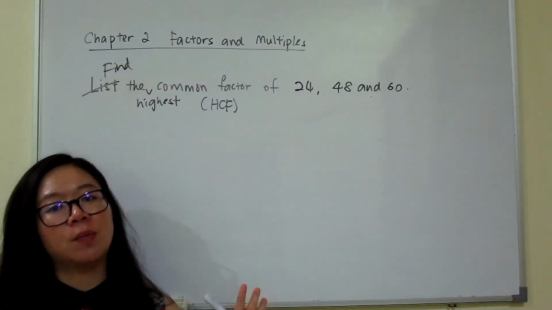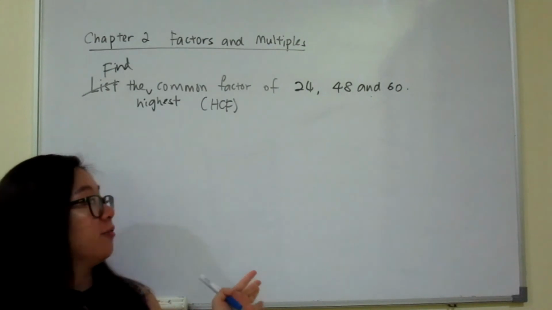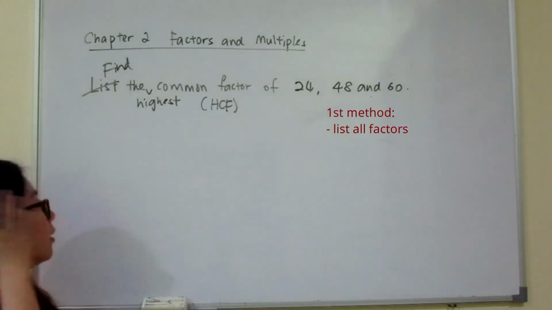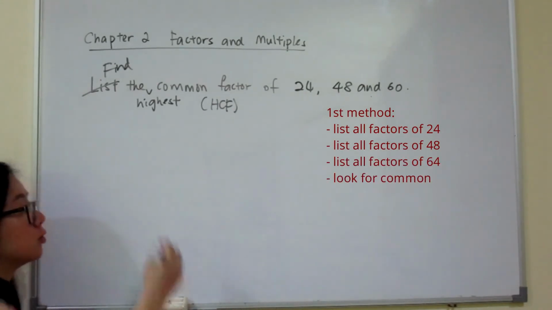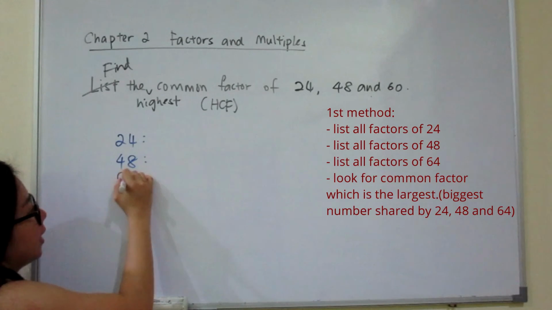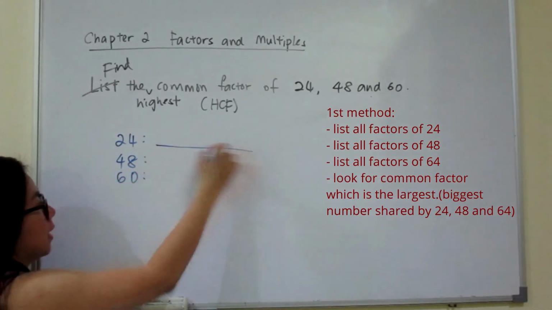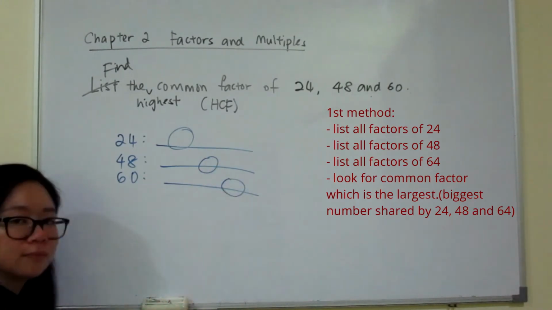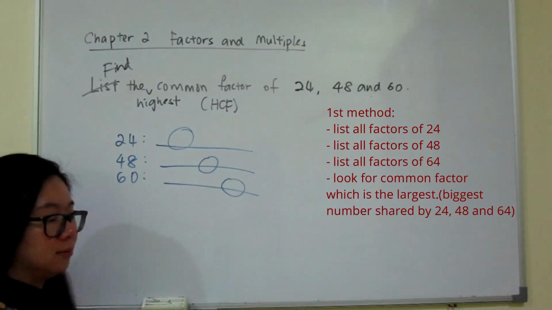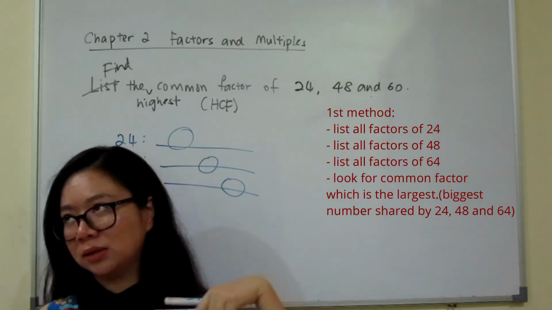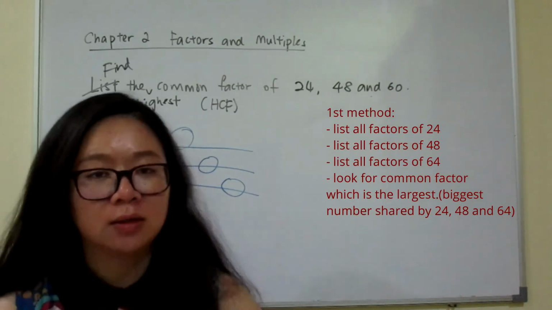Find the highest common factor of 24, 48, and 60. One way that you have seen just now is to list out all the factors for 24, 48, and 60 and then choose the common ones. But that is way too long, wasting time.